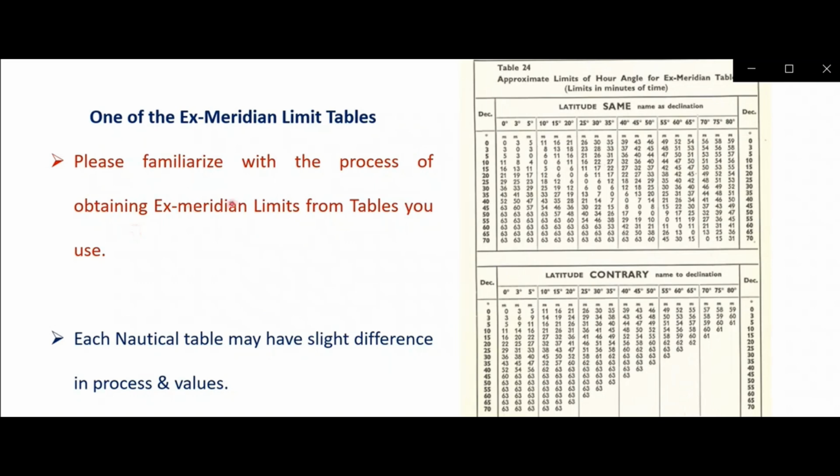So please familiarize yourself with the process of obtaining exmeridian limits from the nautical tables that you use. Each nautical table may have slight differences in the process and also in the values, because these values are approximate. So there will also be a slight variance in the values, which is insignificant. You can go by the values that you get from your tables.